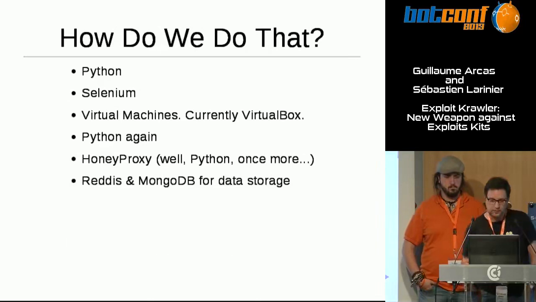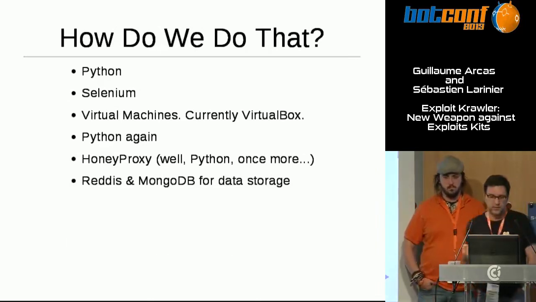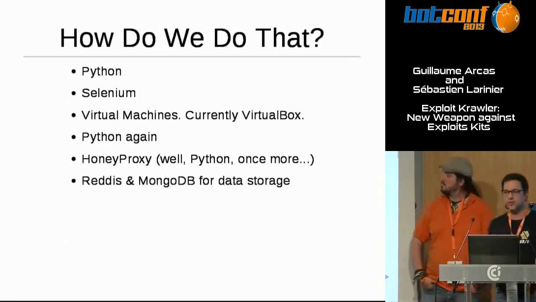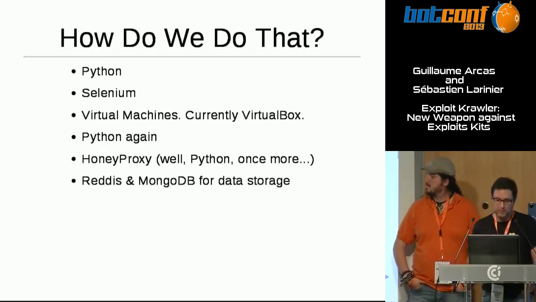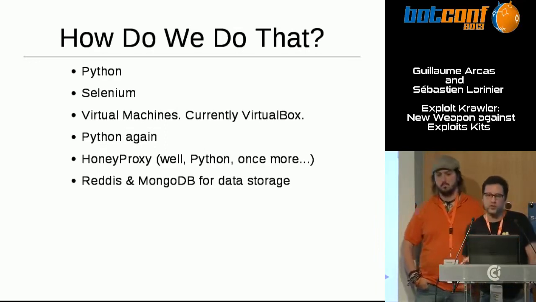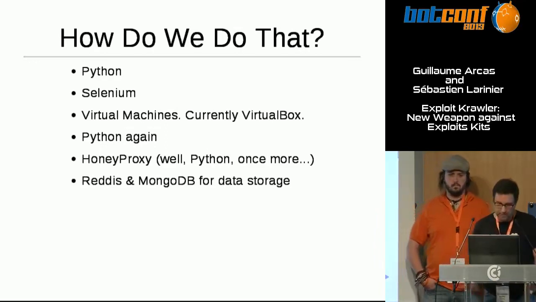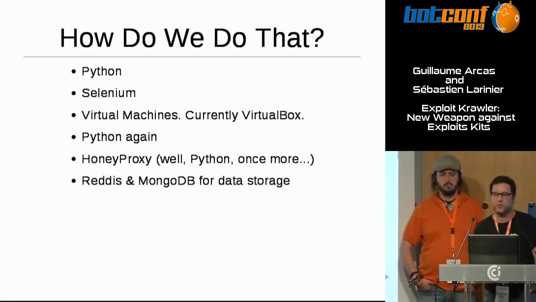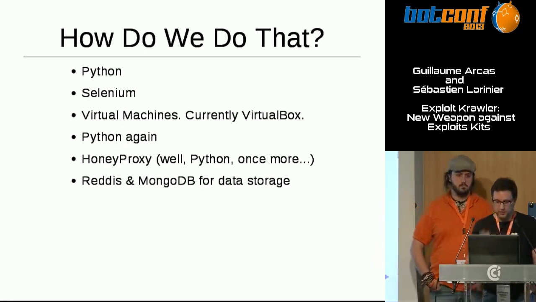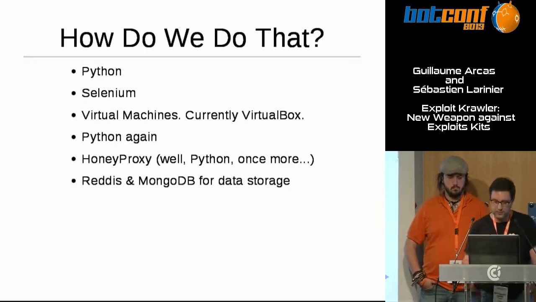So how do we do that? First, with Python, with Selenium to drive some VMs and some browsers. Virtual machines, currently just VirtualBox, but we can also use VMware or QEMU, for example. Then a small HTTP, HTTPS proxy with man-in-the-middle features, and some MongoDB for data storage.